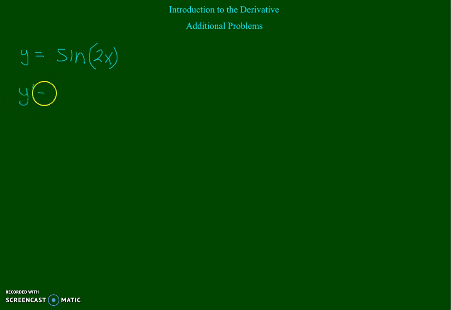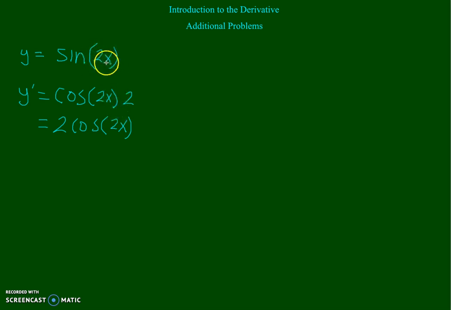Y prime equals, take the derivative of the outside piece, derivative of sine is cosine, with the inside piece intact, times the derivative of the inside piece, 2, which equals 2 cos 2x. Now please don't make the mistake of thinking that this is sine times 2x. Some people make that mistake with all these gyrations going on.